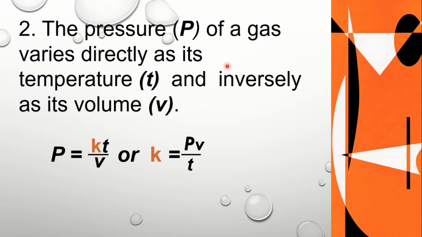The pressure of a gas varies directly as its temperature and inversely as its volume. So the three quantities here are P for pressure, T for temperature, and V for the volume. So we write P is equal to K times T over V, or K is equal to P times V over T.